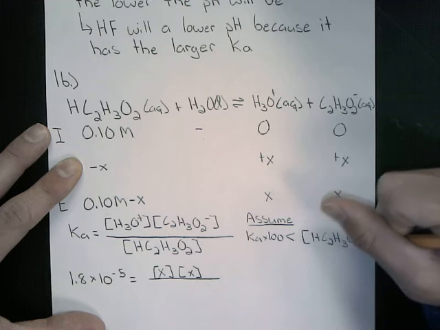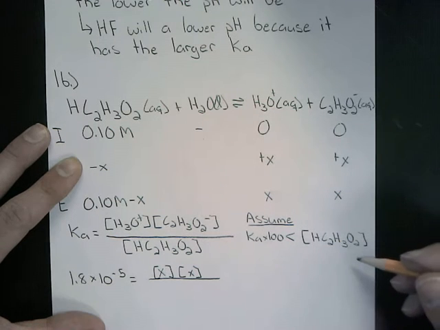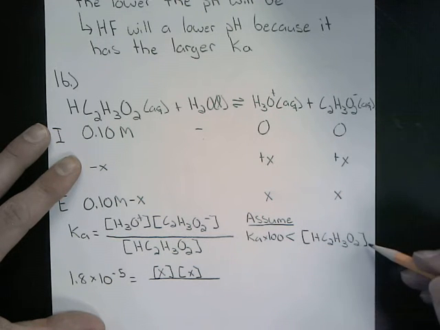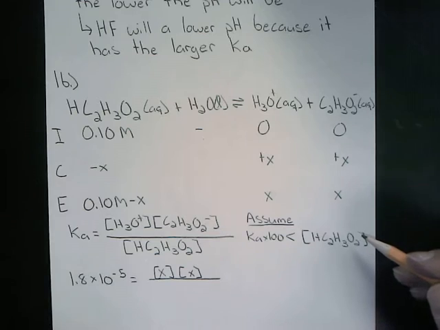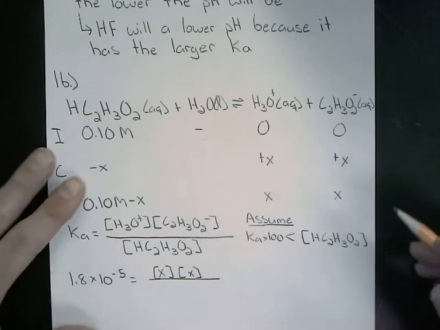So again, assume that if Ka times 100 is less than the concentration of the acid, we can make an assumption about 0.1 minus X.